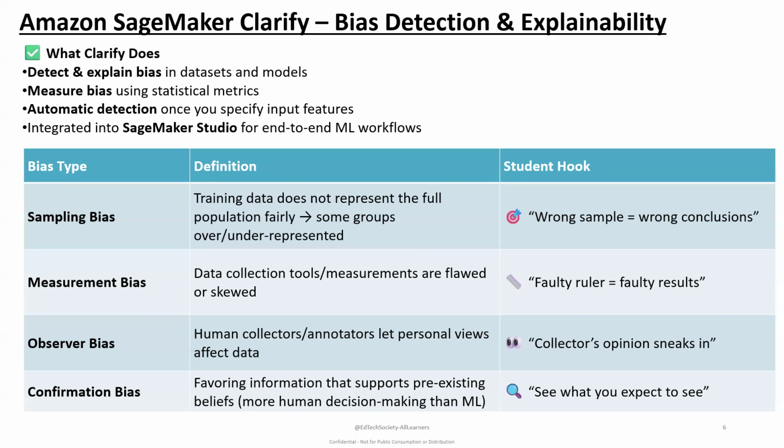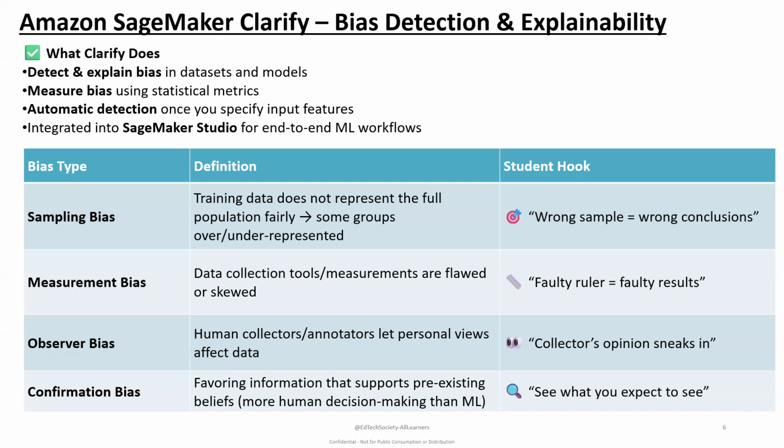And all these things are integrated in SageMaker Studio, which can provide us end-to-end ML workflows. Suppose there can be multiple biases. I'm just giving an example, sampling bias. Suppose your training data does not represent the full population properly or fairly. Some groups are over or under represented.